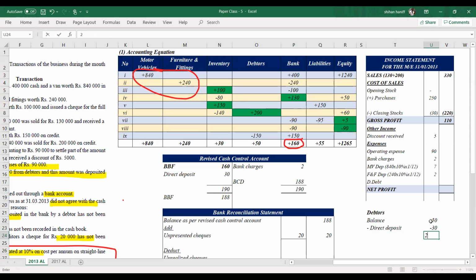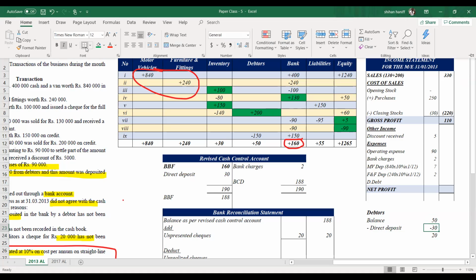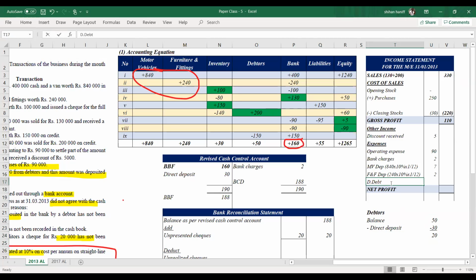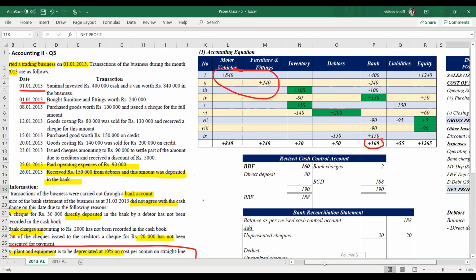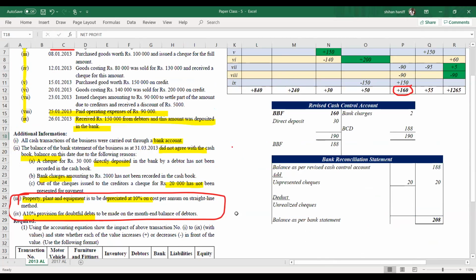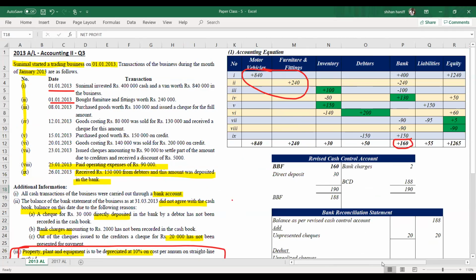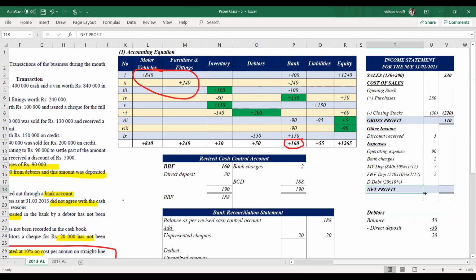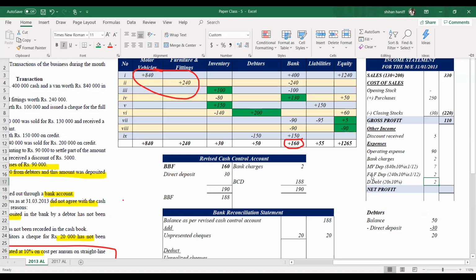Therefore, the debtor balance is 20. Out of 20, we have to calculate 20 into 10%. 10%, yes. So 20 into 10% is 2,000.